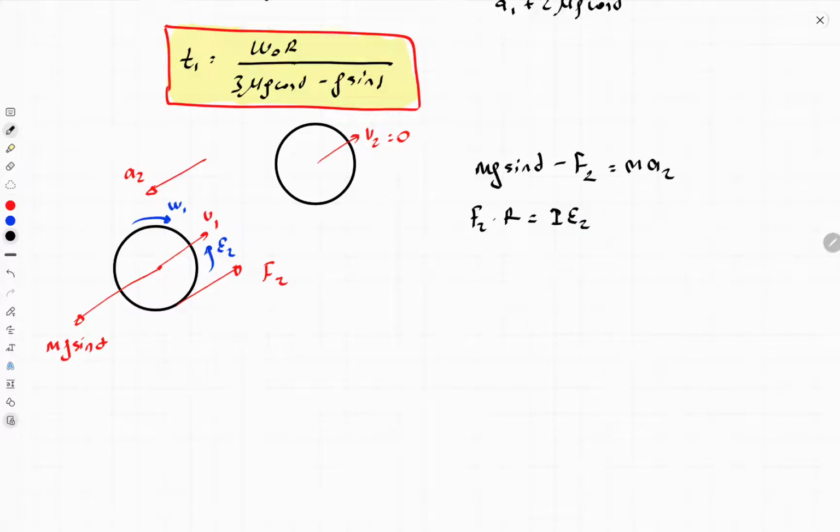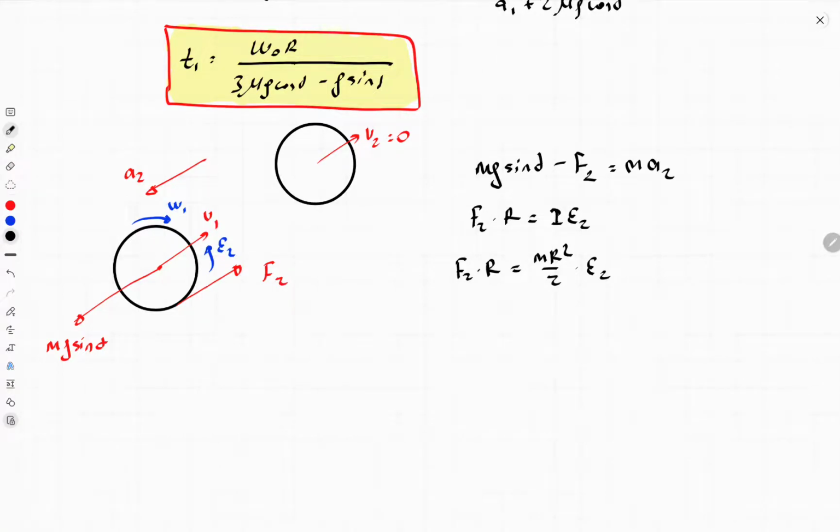Because after slipping, after the sliding process, it will rotate with different angular acceleration, and let me call it E2. Friction force times radius equals moment of inertia of the cylinder, mr square over 2, times epsilon 2, angular acceleration 2.